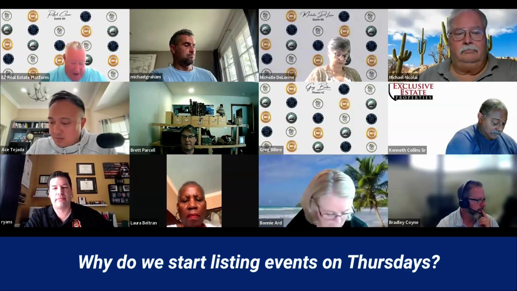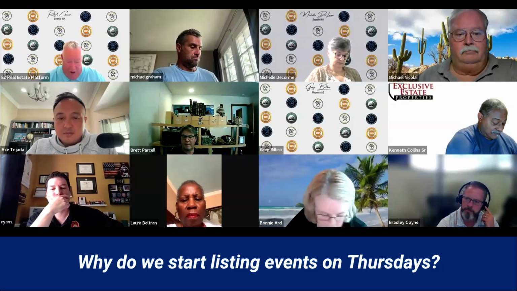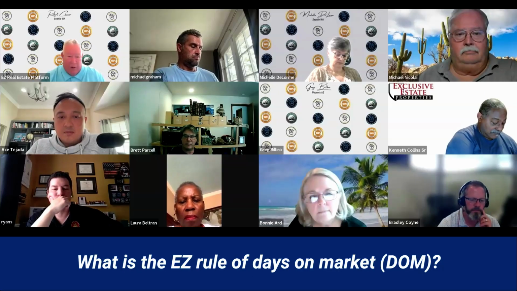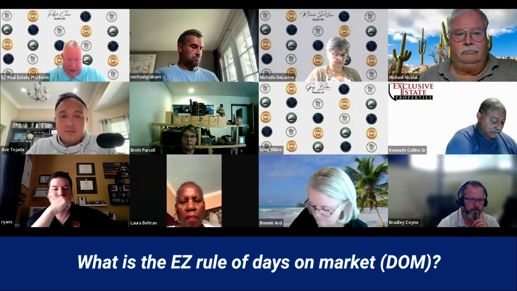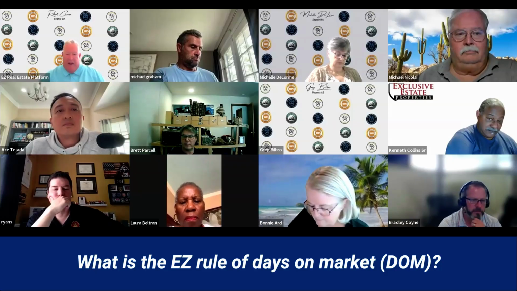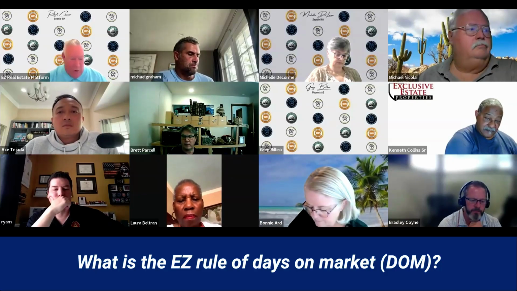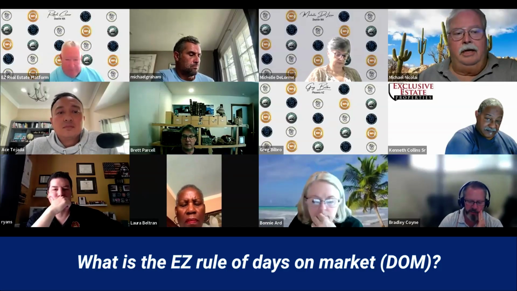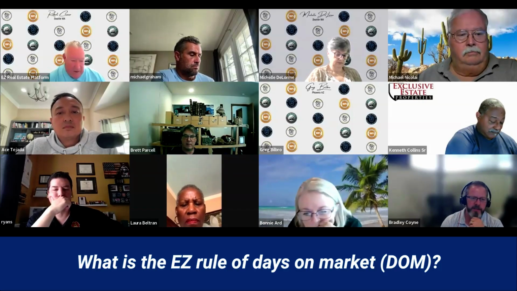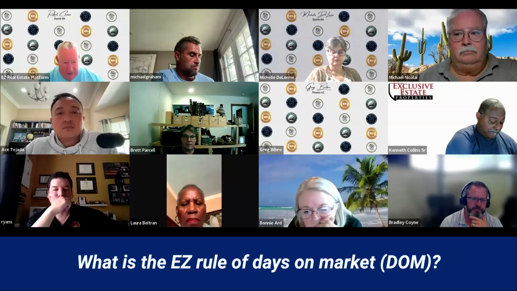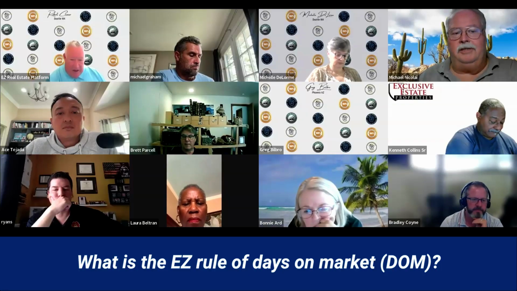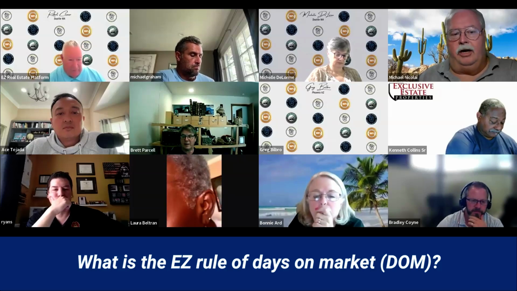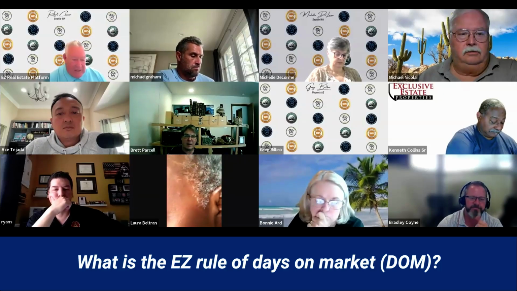All right, let's see here. When we talk to sellers, what is the easy rule of days on market? So in other words, we're now slid into a seller's market. So when we tell them that it's going to sell, what is the rule of thumb? List it Thursday, open house on Saturday, and then sell by Tuesday. No. It's going to be half the time that it normally is days on market for that area. That's the rule.